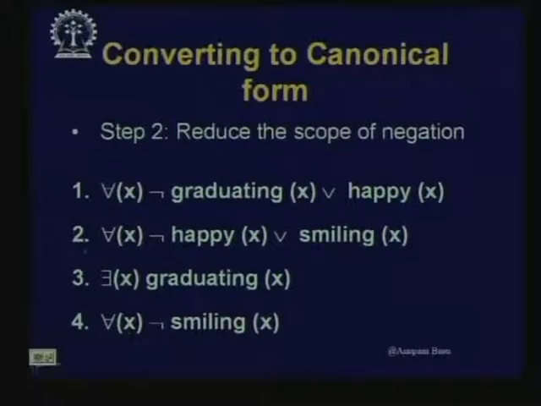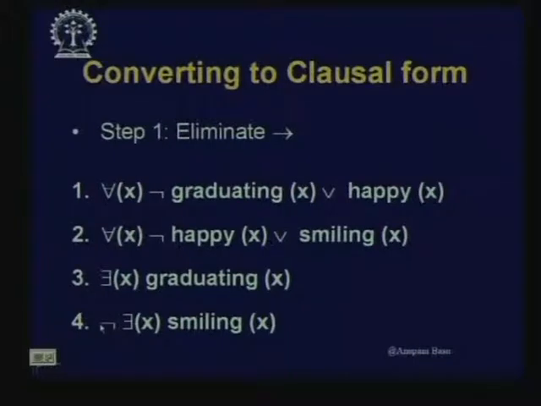So, the scope of the negation is fine over here, I do not make any change here. However, just compare the earlier clause number 4 and the present clause number 4. Here the scope of negation was over this quantifier as well as this predicate.